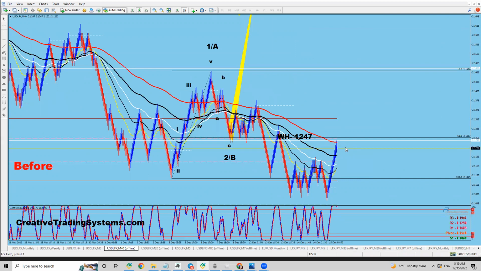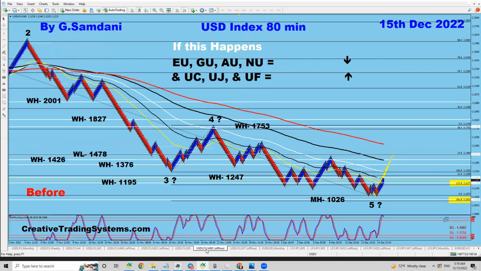No, I don't think so. This is too small. So maybe it's going to go up here, make small waves and then go up here somewhere, 1478, and then drop back to this and then go. Right. So we're going to pay attention to the 80-minute chart and see what happens. Right here. 1426, 1478 is this. So it might be going all the way there, like this one, and then drop.